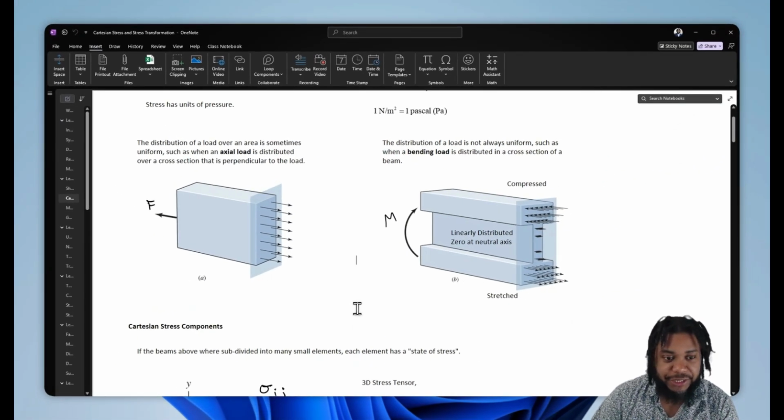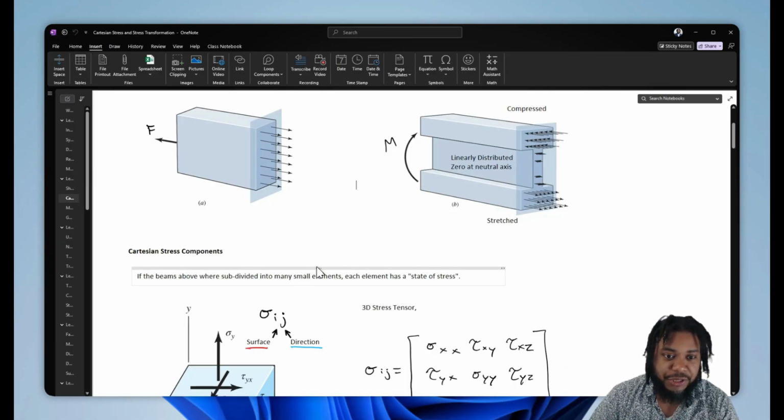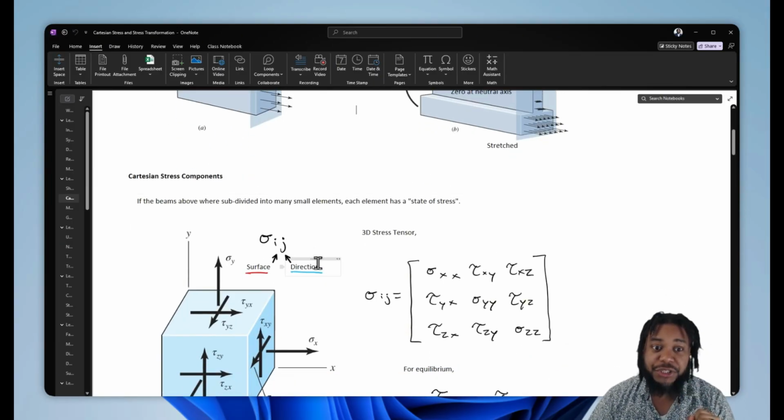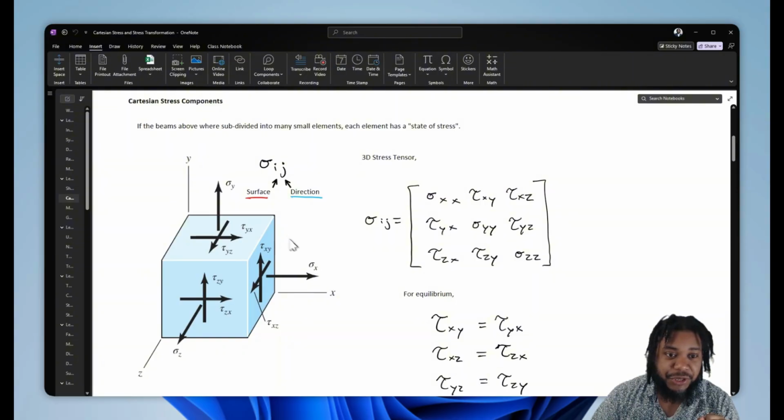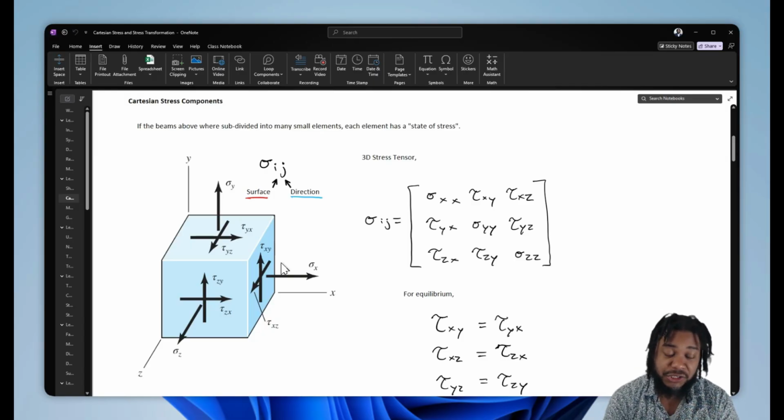Now, if we were to take some complex structure, and we've loaded it up with a lot of different forces and moments, and we take one unit cell of that, the unit cell is subject to what we call a state of stress, where stresses can be applied perpendicular to the surfaces of the unit, but also there can be shear stresses that go across those surfaces of that unit cell.